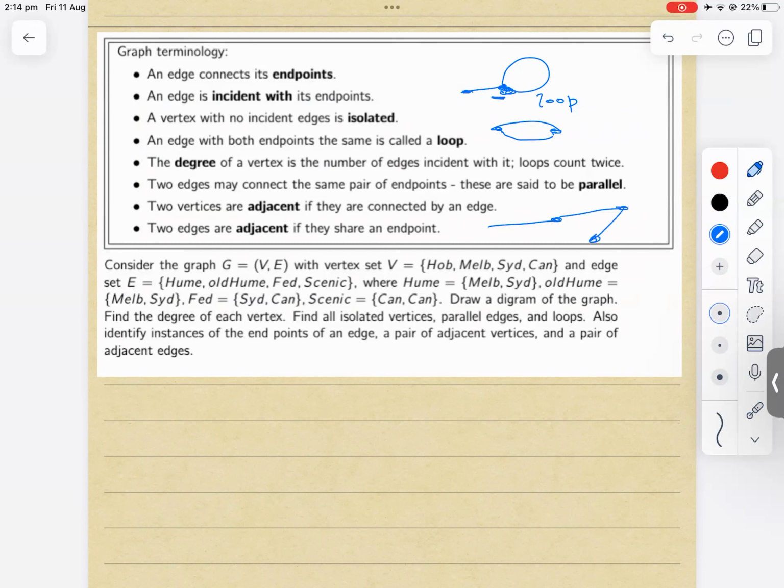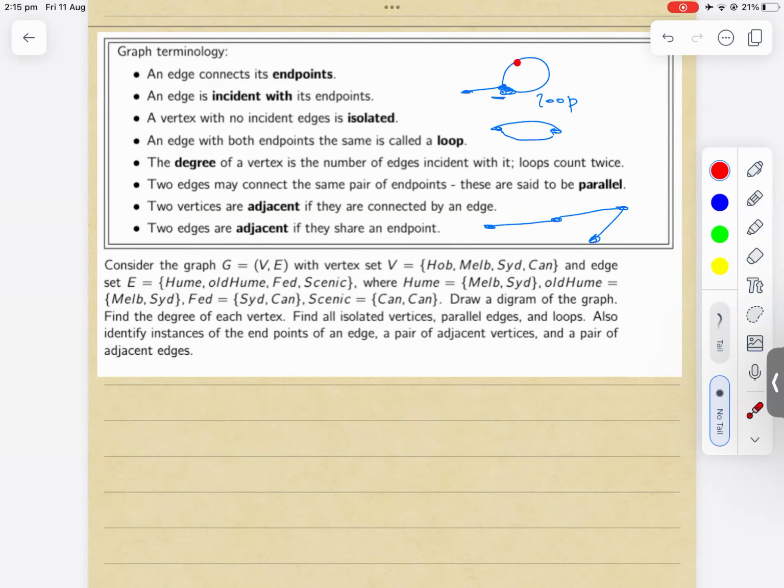Another example. These two edges are adjacent. These two vertices are adjacent. And what else? The first two are adjacent. This loop or edge is technically one edge here.